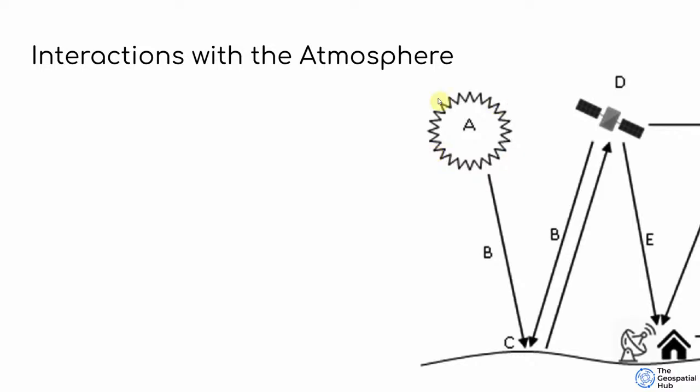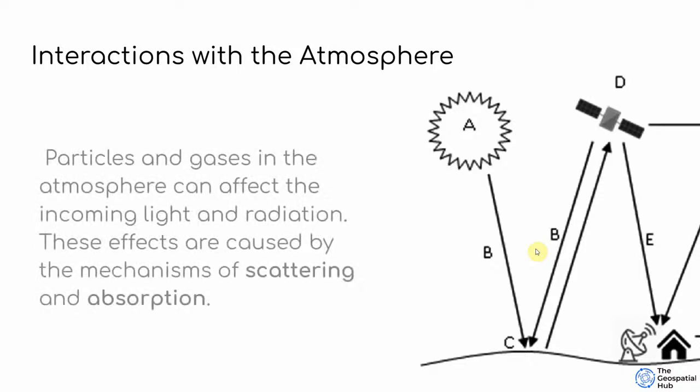We have the energy source sending radiation down to Earth, but before it gets to Earth, it first of all interacts with the atmosphere. Then from the target sending it back to the sensor, it also interacts with the atmosphere.